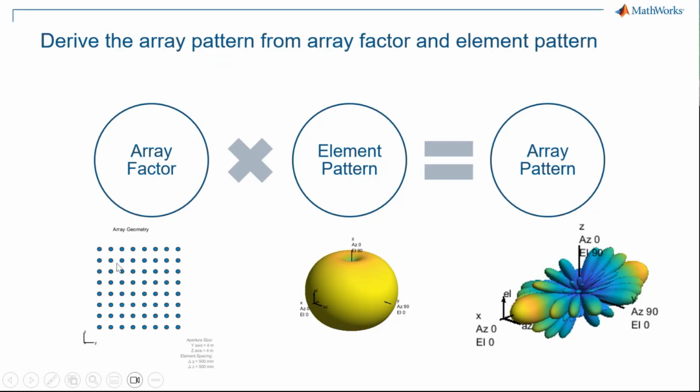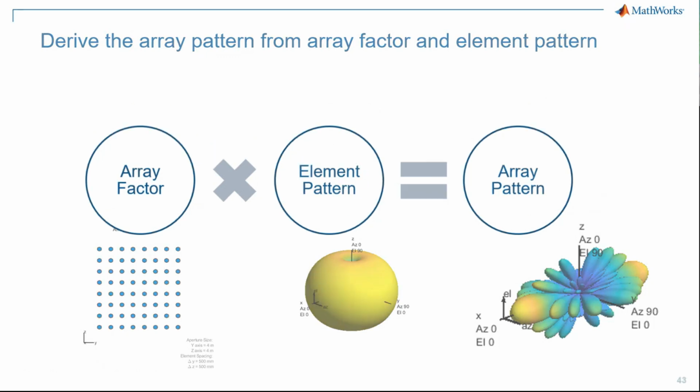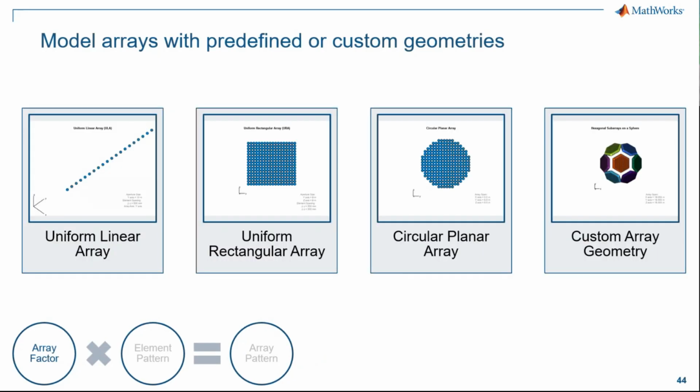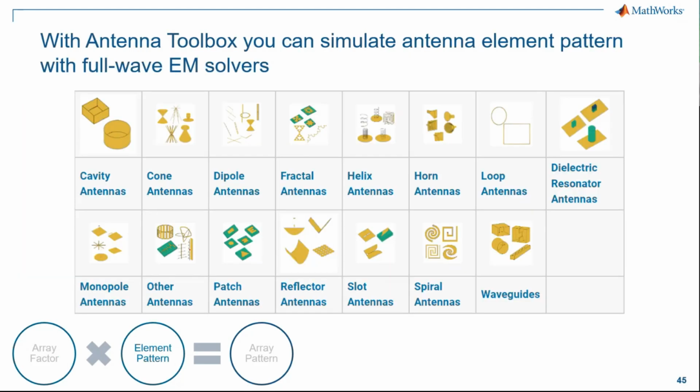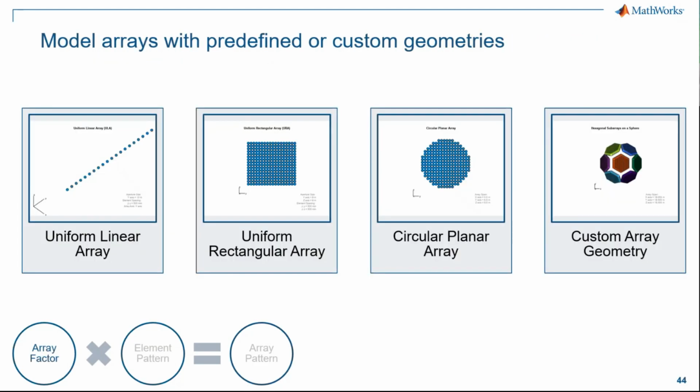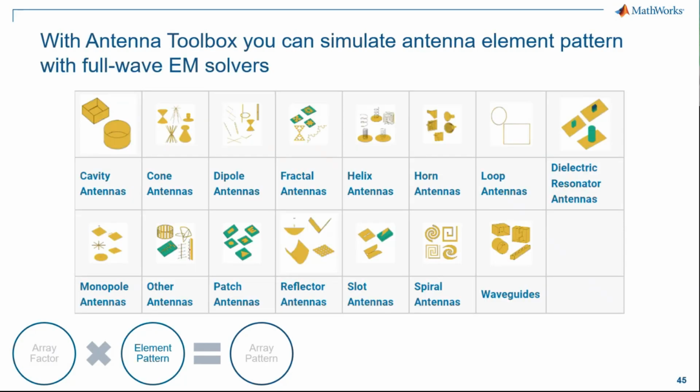I consider the radiation pattern for each element, and then I compute the resulting pattern using superposition theory. What we do is we provide some predefined custom geometries, the most widely used ones, so that within a few lines of code, you can define your geometry, extract your radiation pattern, steer the beam and use that in your scenario.